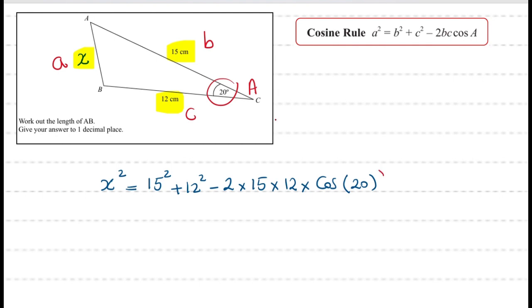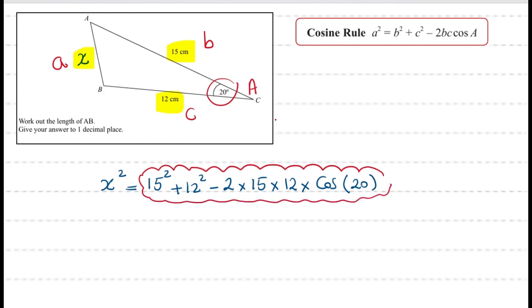We then type in these numbers into our calculator and we get x squared equals, reading from the screen of our calculator, 30.71065652.